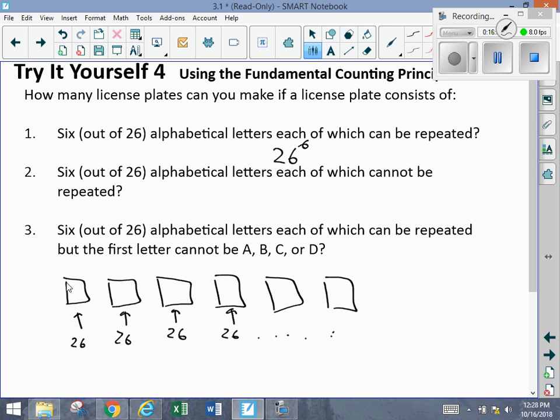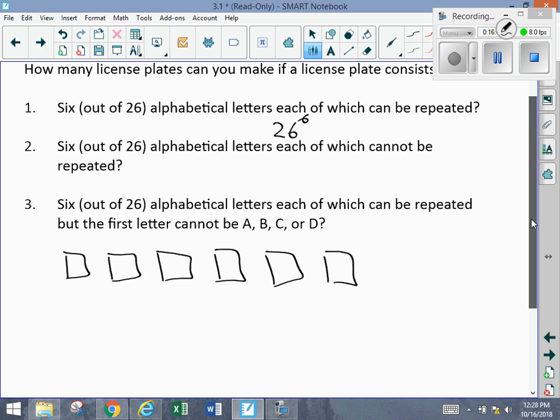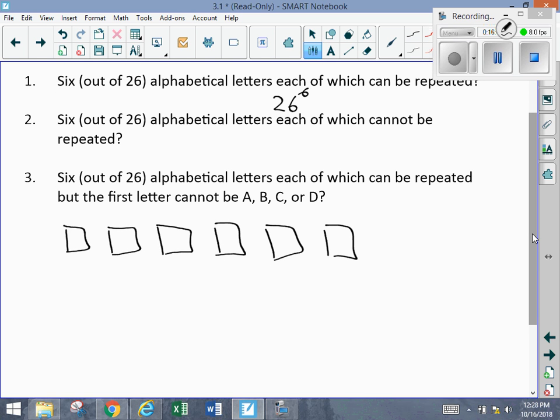How about the next one? So I really feel like drawing a picture helps me out a lot. And so you may also want to do this. I'm going to highly encourage you, strongly encourage you, I should say, to draw a picture of these things. They'll make a lot more sense.